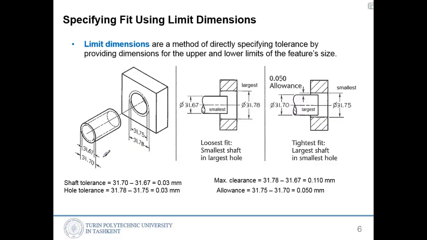So here we can see the shaft is given like this, and the hole is given here in this part, and we are calculating the tolerances of the shaft. From the biggest one, this one, we are subtracting the smallest one. 31.7 minus 31.67, so we will get the difference of this value.